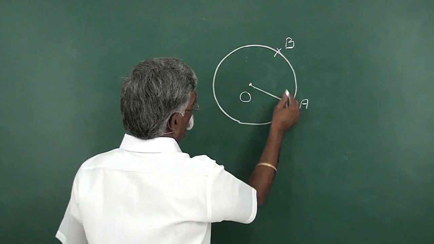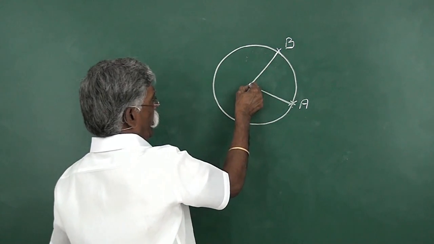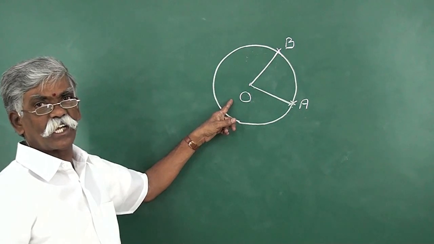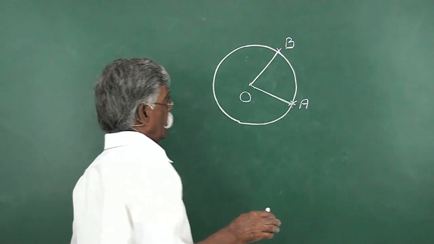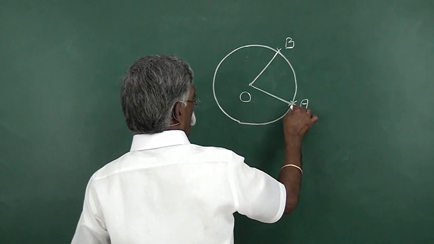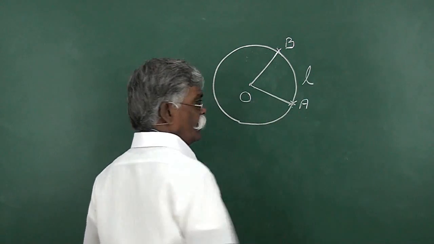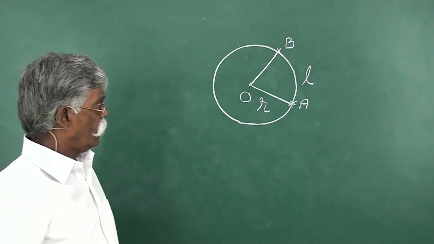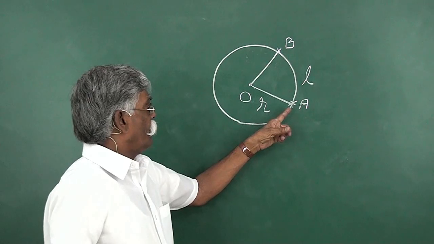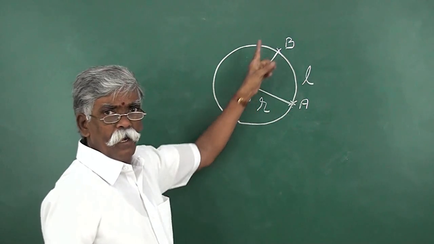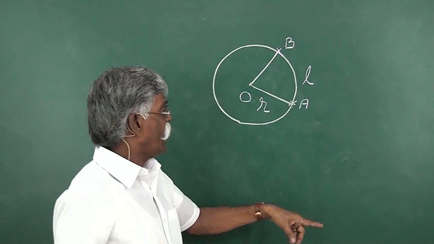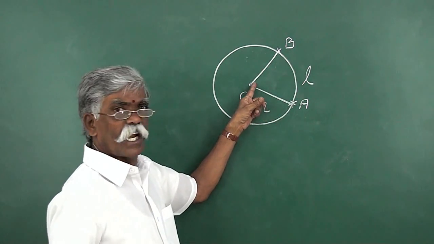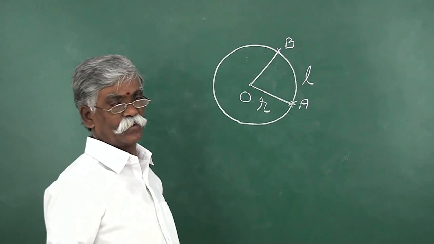Now, let the ends of the arc A and B be joined to the center of the circle. Now, let the length of the arc AB be L units and this radius is R. Now, the angle between the two lines AO and BO is same as the angle subtended by the arc AB at the center of the circle in radians.